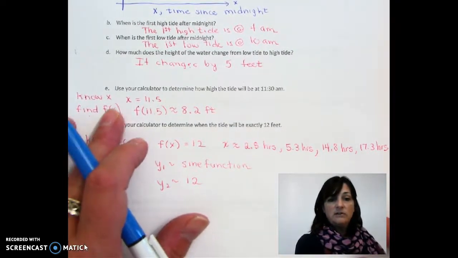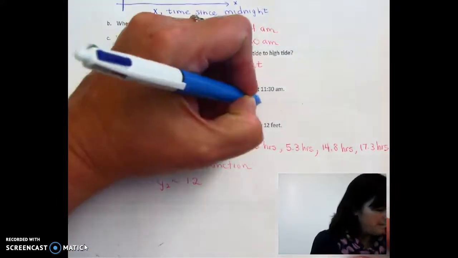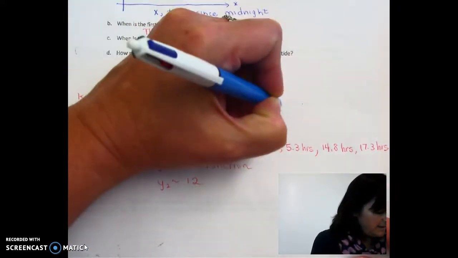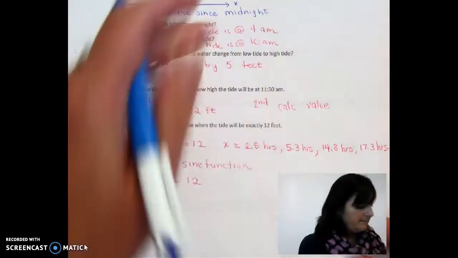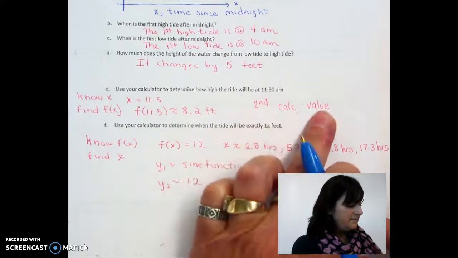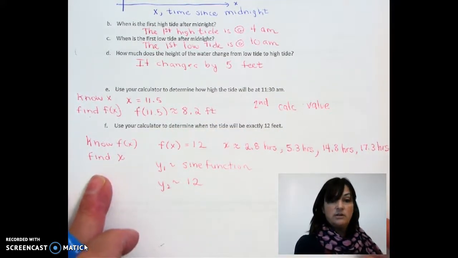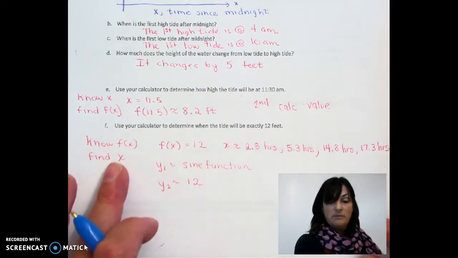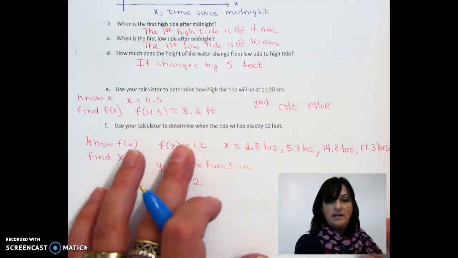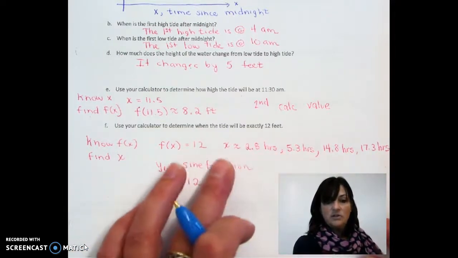We used our calculator to find the value of the function when we knew x, and that was from second calc value. And then we also used our calculator to actually solve an equation, which is what we have to do when we know f of x, the output, and we want to find the input x. So I made the equation f of x equals 12, and I used the calculator to solve it.